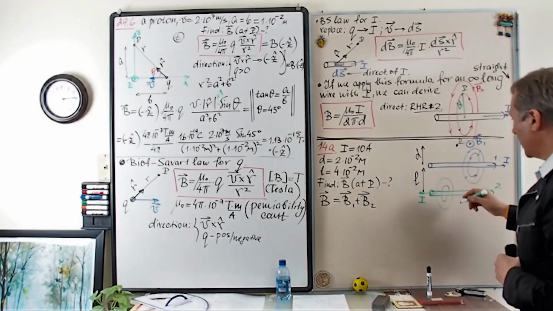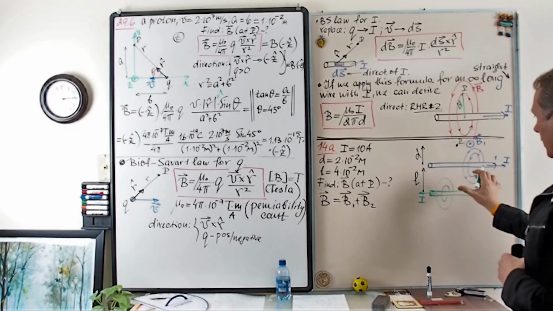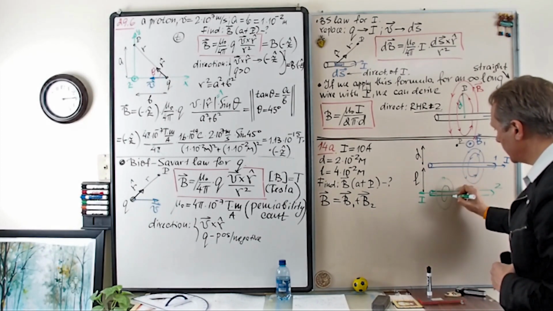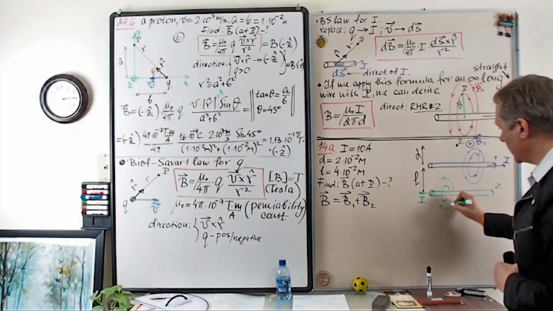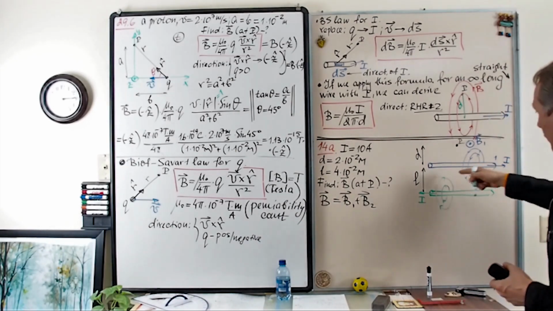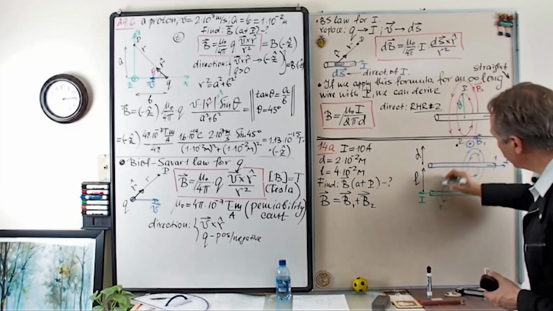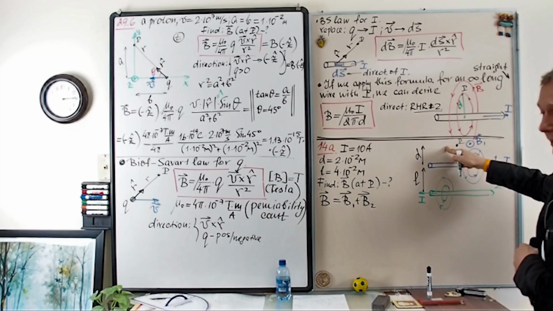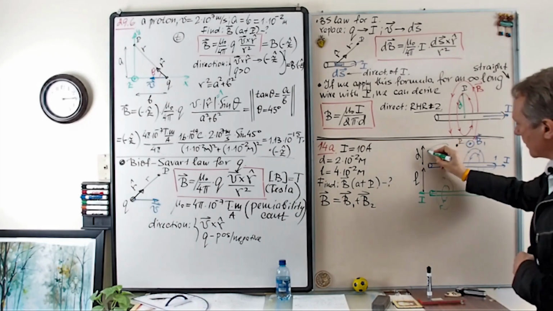And this will be in, so the opposite direction to that direction. And of course, if you draw a magnetic field line which is over here, you will have something like this.